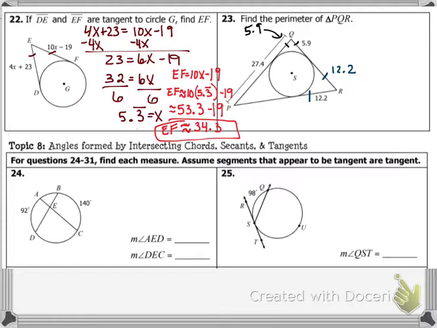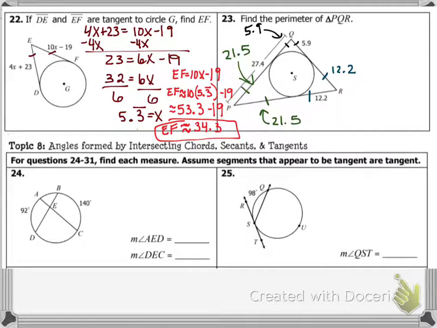So then I have to think, well, what's left over? 27.4 without 5.9. That means this little section here has to be 21.5. So that means this little section is the same length, and that one's also 21.5.